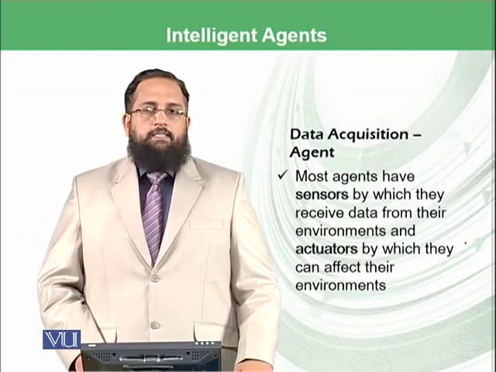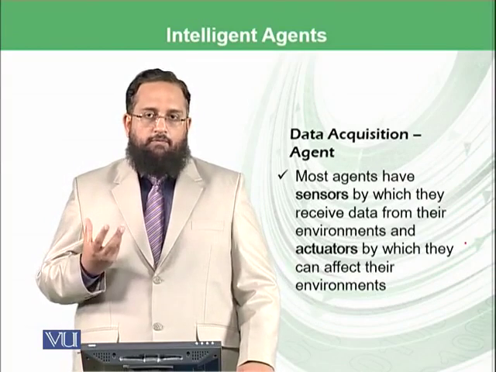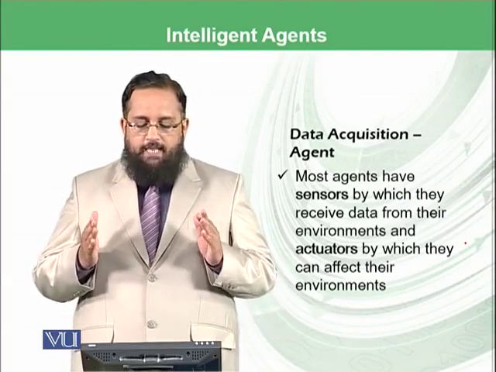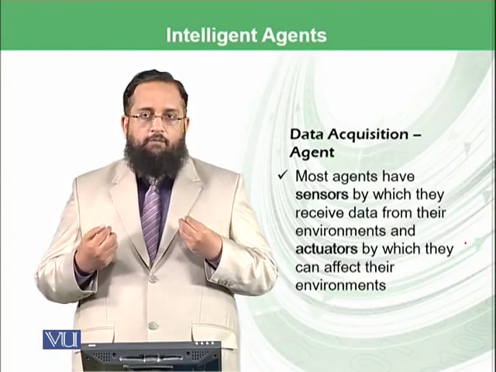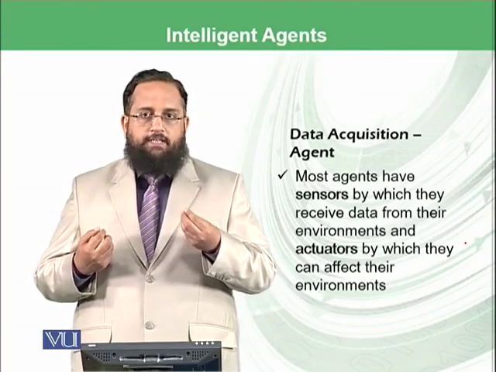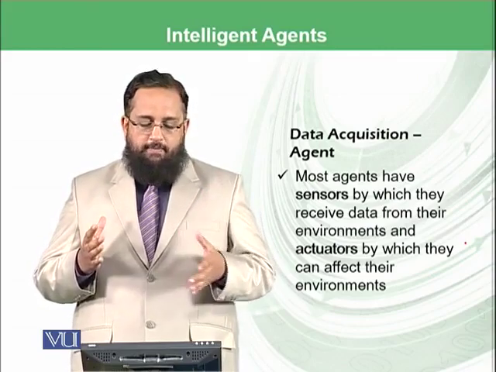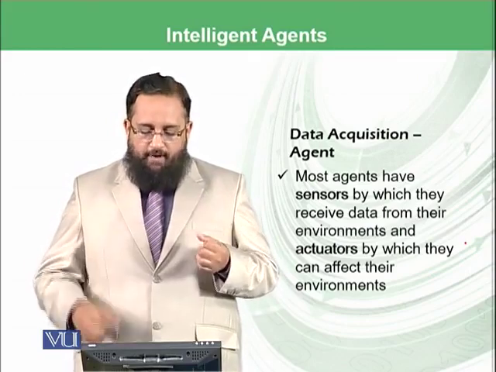And how does this agent acquire the data, and then of course after analyzing this data it responds. So most agents have sensors by which they receive data from their environment, and actuators. Actuators are their belongings. We will be discussing sensors and actuators in the next slides, by which they can affect their environment.